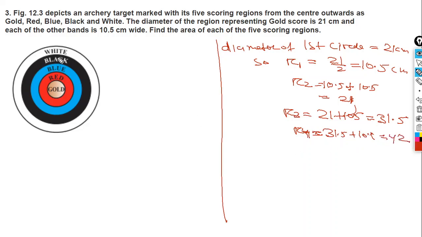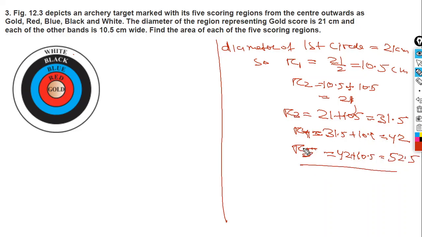Then the final white circle, this is R5. R5 is equal to 42 plus 10.5, which will be equal to 52.5. Now we have got all the radii.